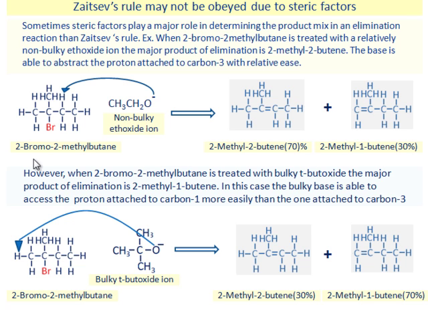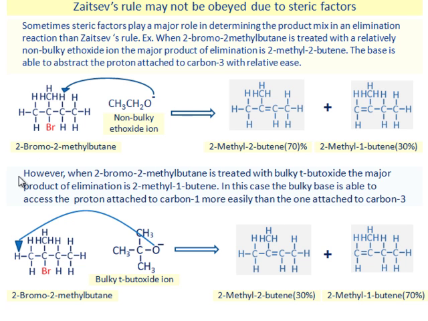For example, when 2-bromo-2-methylbutane is treated with a relatively non-bulky ethoxide ion, the major product of elimination is 2-methyl-2-butene. The base is able to abstract the proton attached to carbon 3 with relative ease.